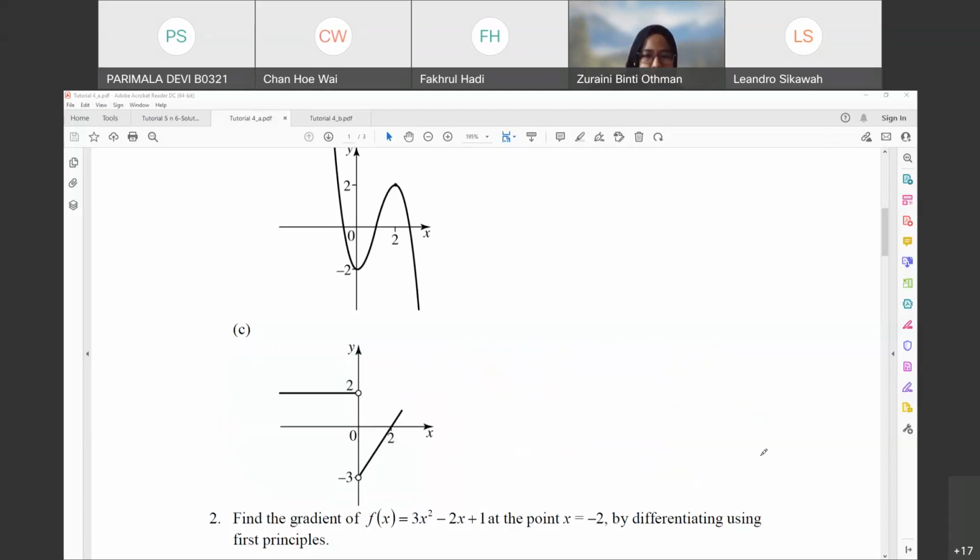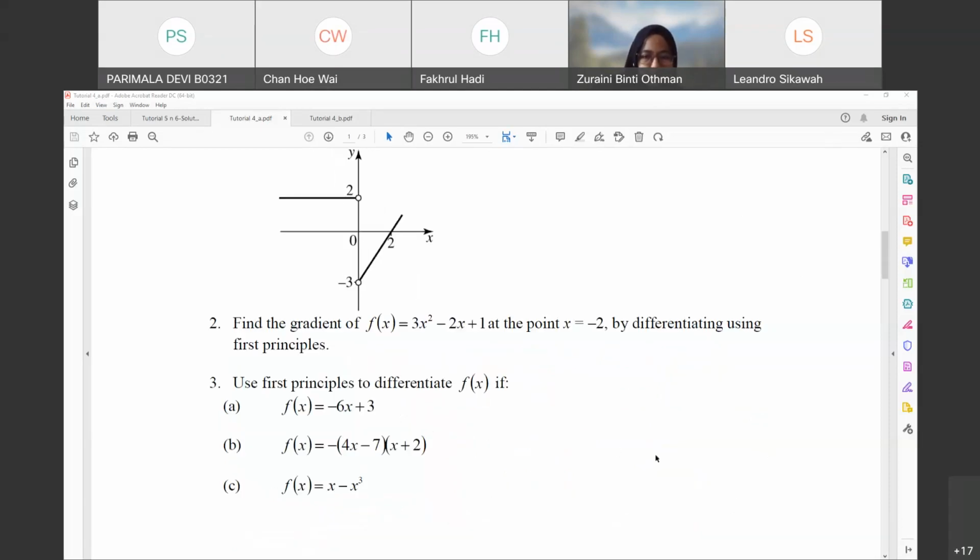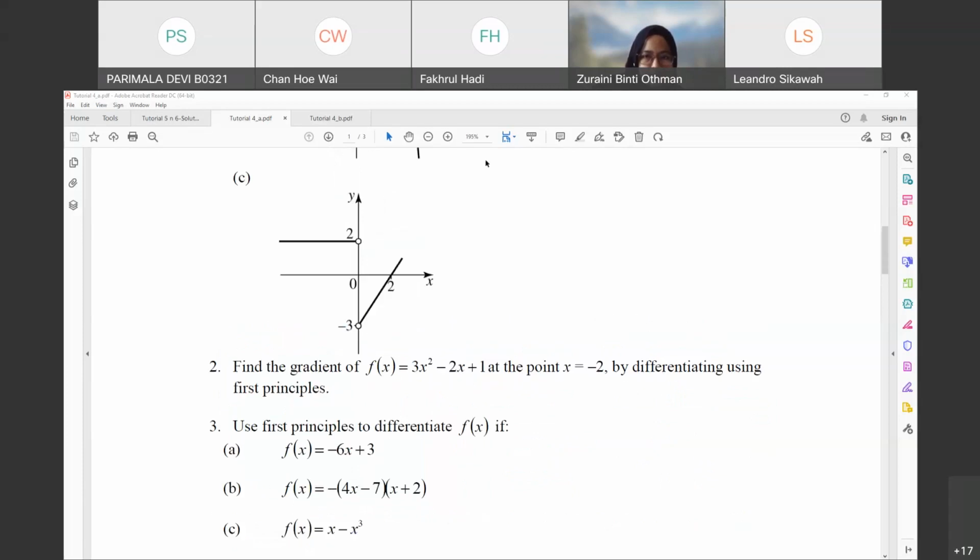Okay, number 2 ni dia mudah je kan? Kita kena guna by using first principle. Remember next week is your quiz 1. For quiz 1, there is no calculation involved, because this is objective question MCQ.